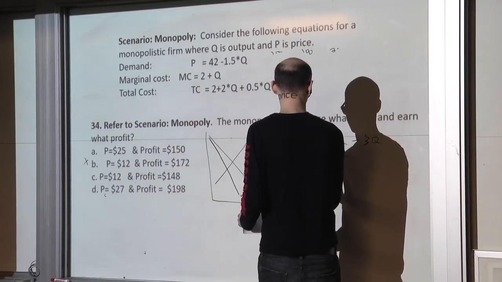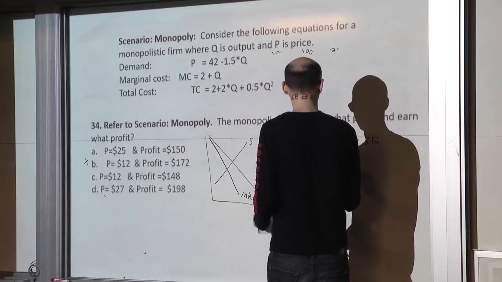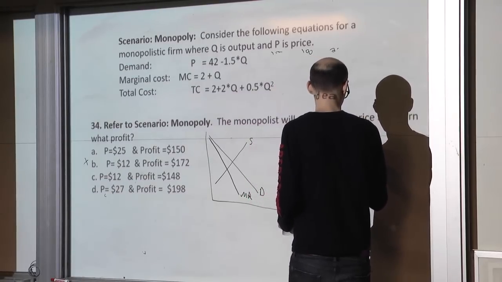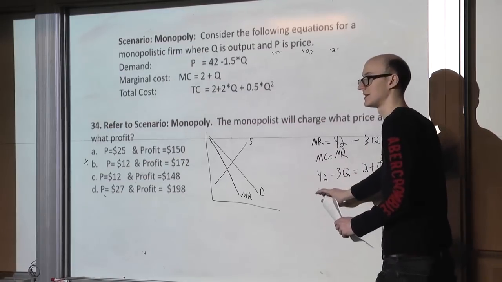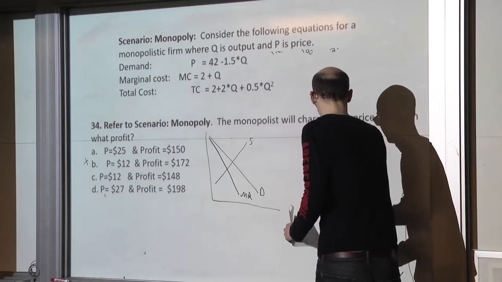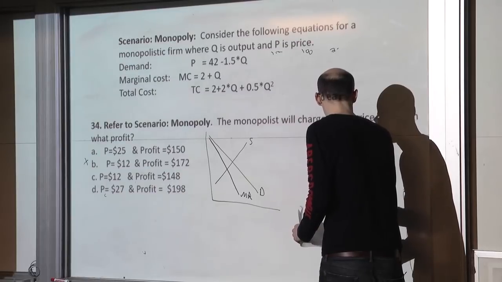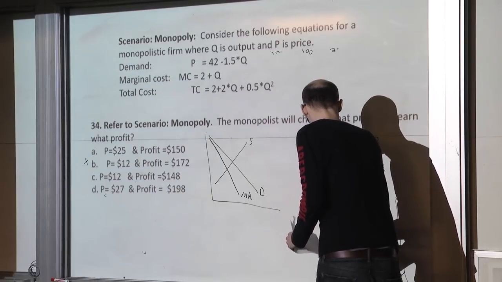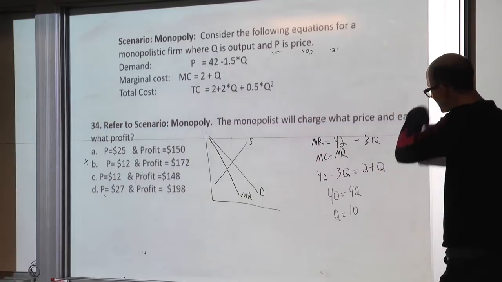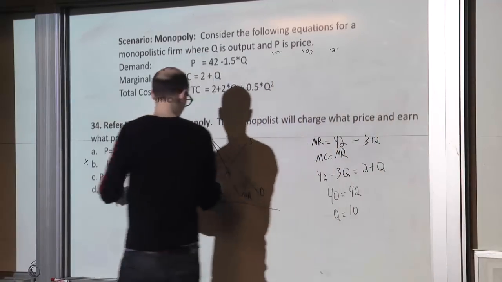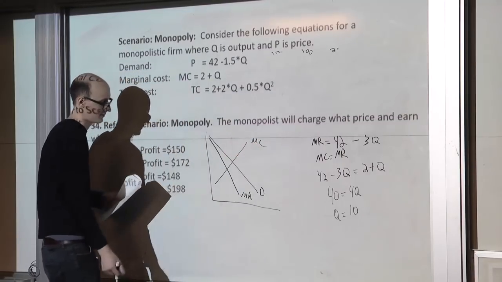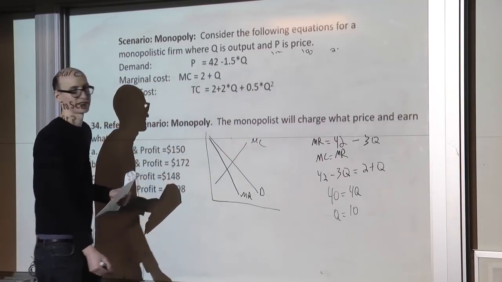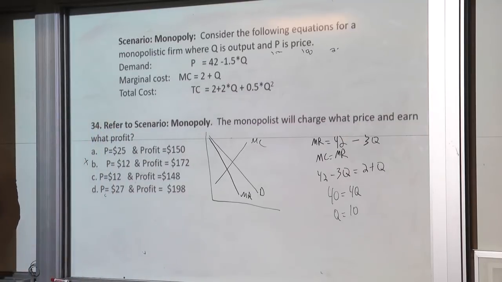So we get 42 minus 3Q equals 2 plus Q. If we bring this to this side and we bring this to this side, we'll get 40 equals 4Q, or Q equals 10. So that's the amount that we'll produce where the supplier's marginal cost curve intersects the marginal revenue curve. But is that the price that they're going to charge to consumers?